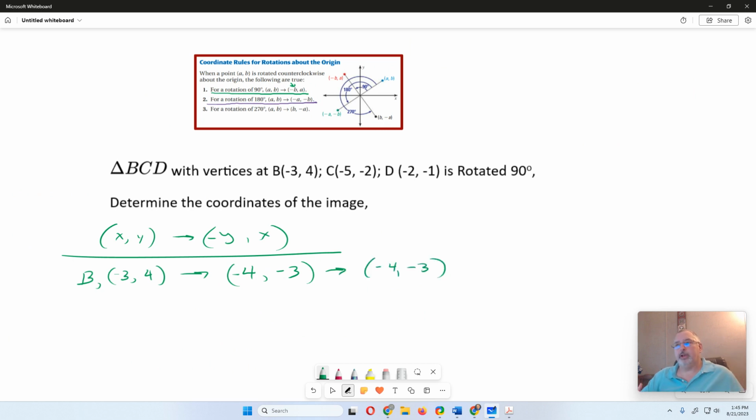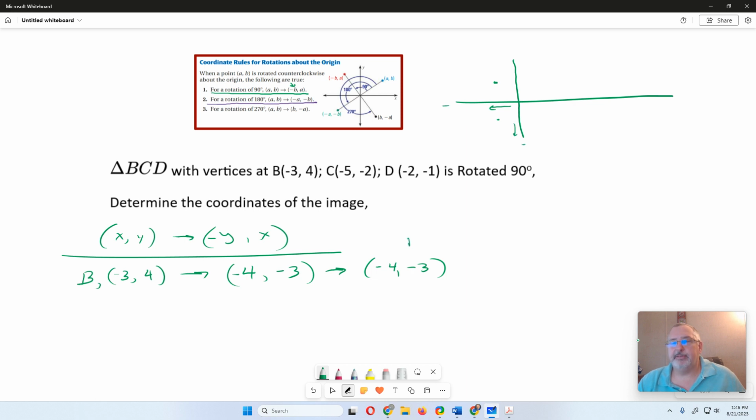Now, why does that work like that? Just in case you're wondering, let's do this informally. I've got a point at (-3, 4), which is right here. If I go 90 degrees counterclockwise, it moves down to this quadrant, and in that quadrant both the x's and the y's are negative.